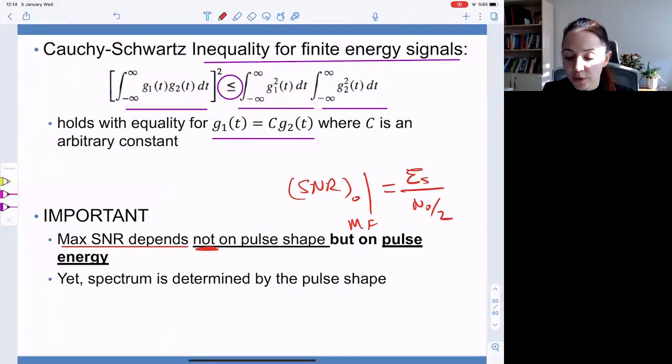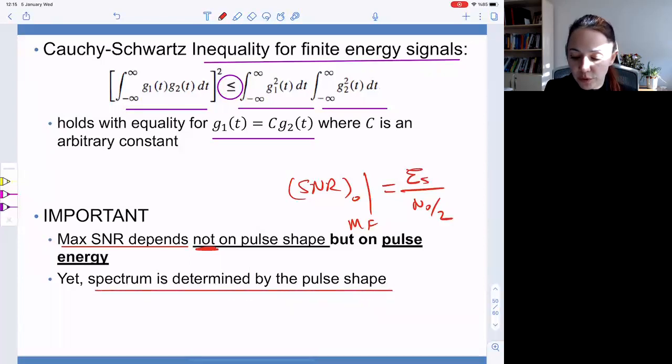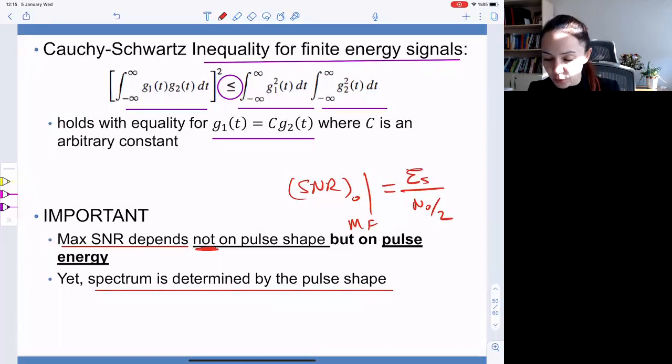So no matter what the pulse shape is, as long as Es is constant, the SNR output is constant. Yet the spectrum, of course, is going to be determined by the pulse shape. You will think more about this in not one-shot but continuous transmission, which is going to be in the next course, as you know.